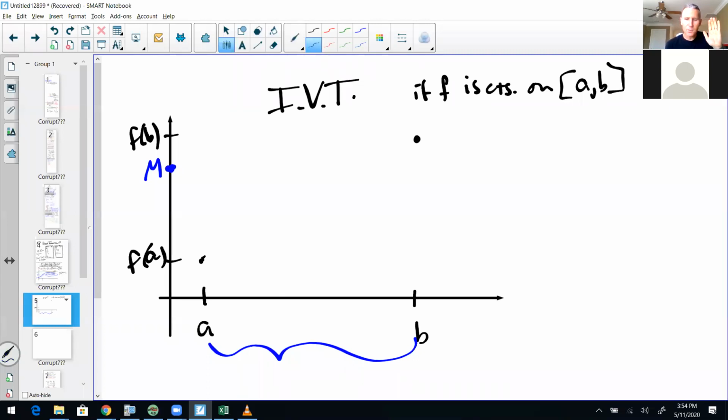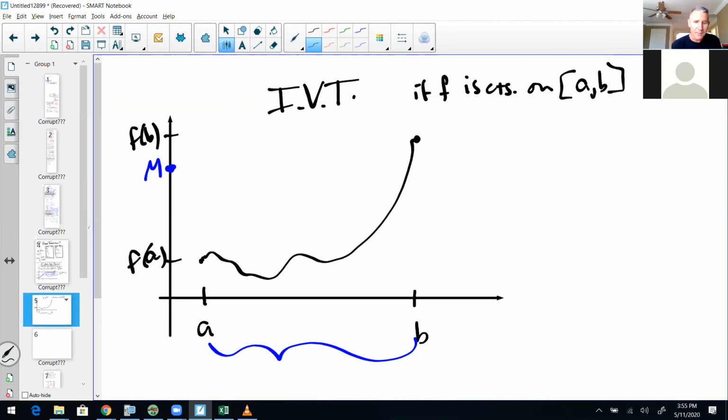So here's what we know. Because f is continuous from a to b, I don't know exactly what this looks like, but I know there has to be a way that connects f of a and f of b. You're not going to have any points of discontinuity or vertical asymptotes or anything like that, because f is continuous on that closed interval.